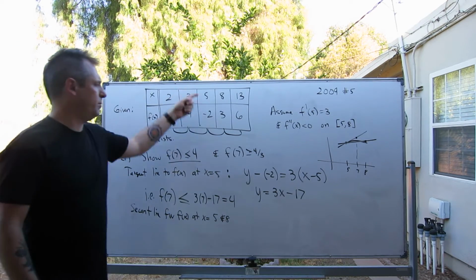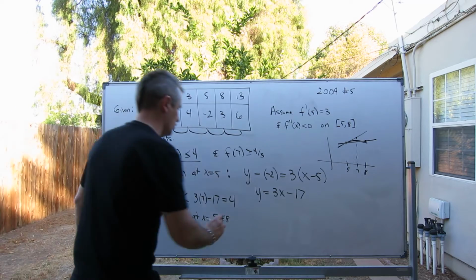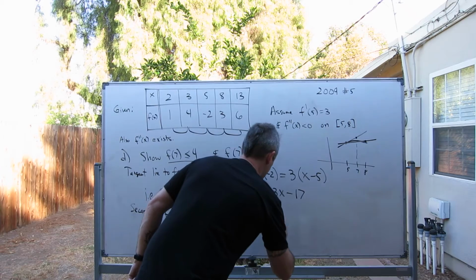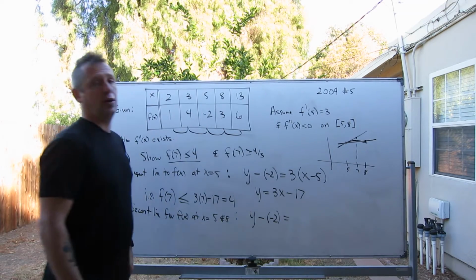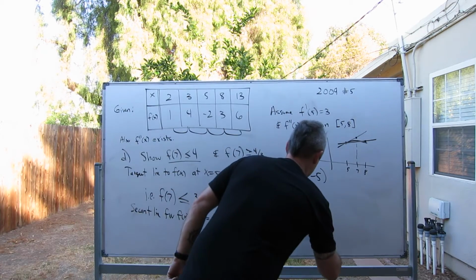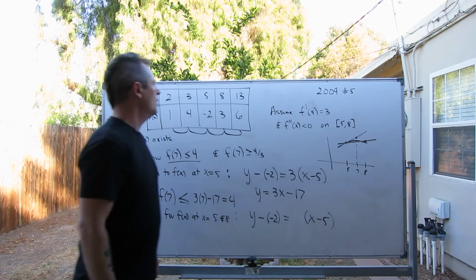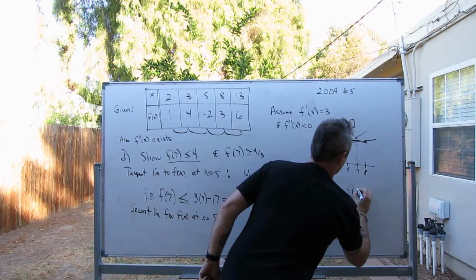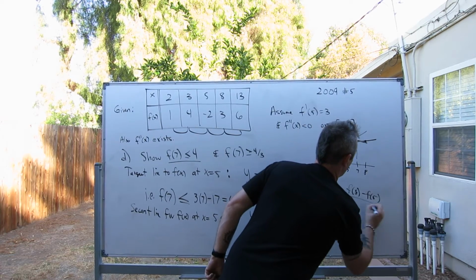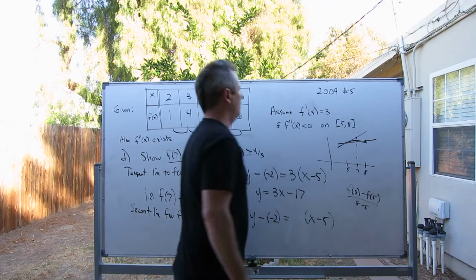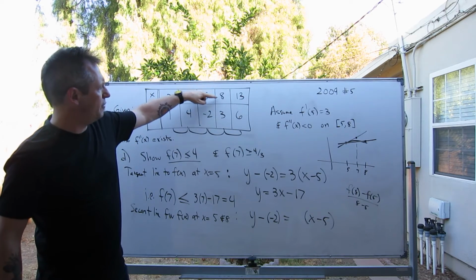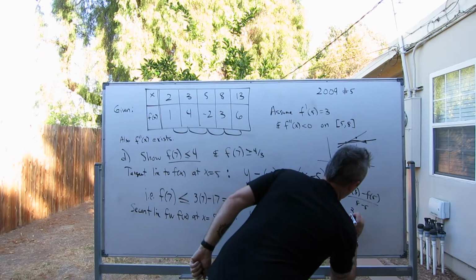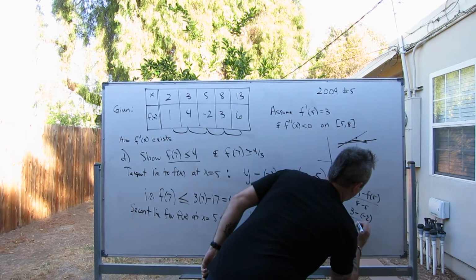I'll still use point slope form, taking the point at 5. So I'm going to have y minus negative 2 equals the slope times x minus 5. So the slope is f of 8 minus f of 5 over 8 minus 5. We calculated this already. So f of 8 is 3, f of 5 is negative 2, so I have 3 minus negative 2 over 3.